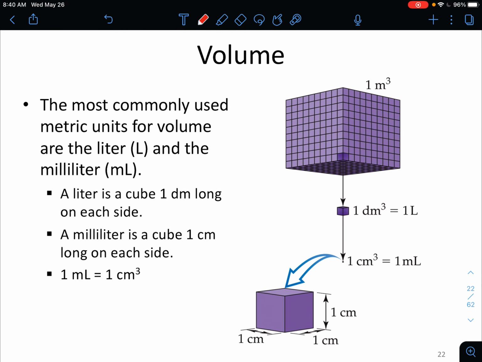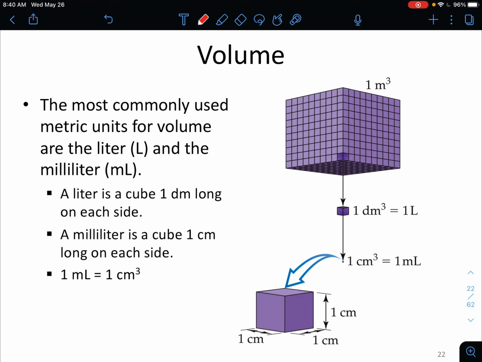Okay, so I just wanted to say a little bit about volume, because we're going to see it both in units cubed, like centimeters cubed, but also in normal volume units like liters or milliliters. So I just want to make a distinction between those. Typically you would use liters and milliliters to talk about the volume of a liquid, whereas you'd use cubed units like centimeters cubed or feet cubed to talk about the volume of a solid.